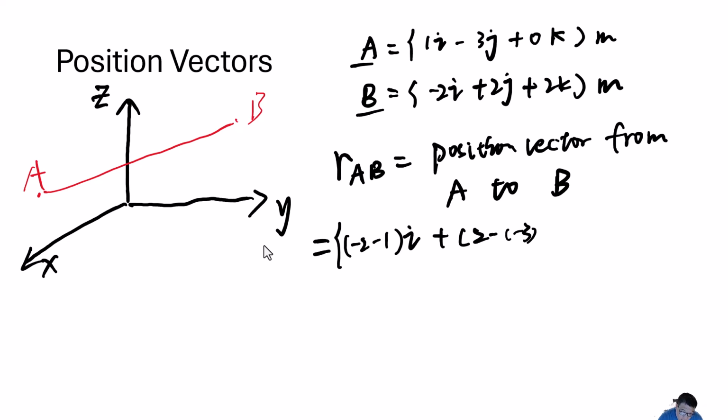The answer will be -3i plus 5j plus 2k meters.